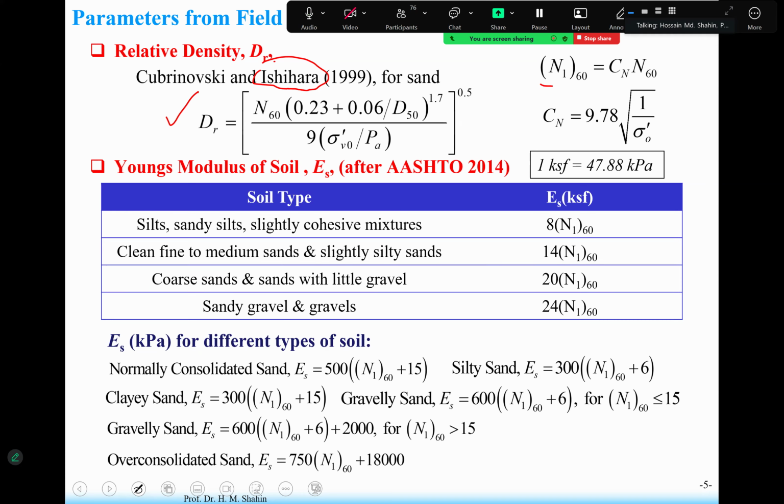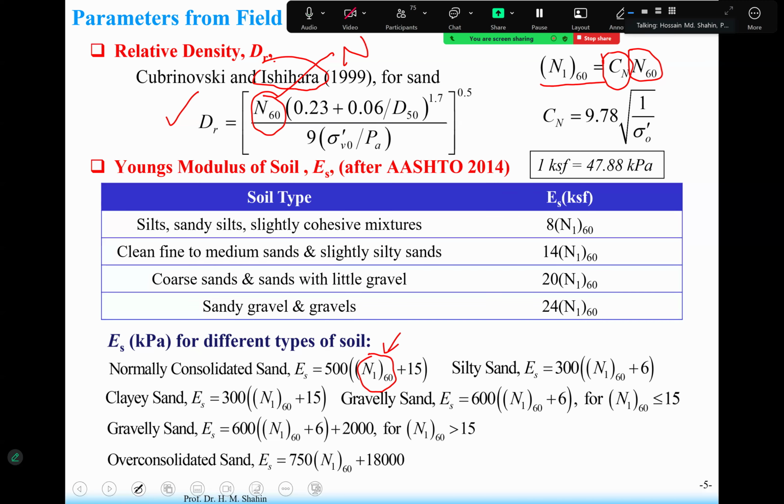So here, N160. You see N60. N60 means the N that I said, and N160 we have to use somewhere here, later we'll see. If you go downward, then you see N160. N160 is given by the equation Cn times N60. N60 is the field N, and Cn is a multiplication factor.